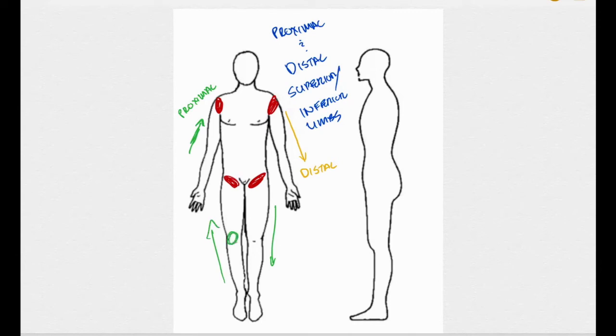My genu is proximal to my pes. Right? It's closer to the hip than it is to my foot. Okay? Perfect. So those are two additional directional terms that are helpful and that you need to know.